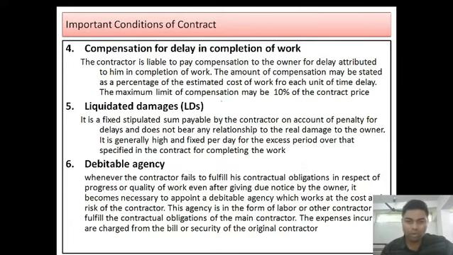For example, the contractor said that he will be completing a desired project in 30 months.